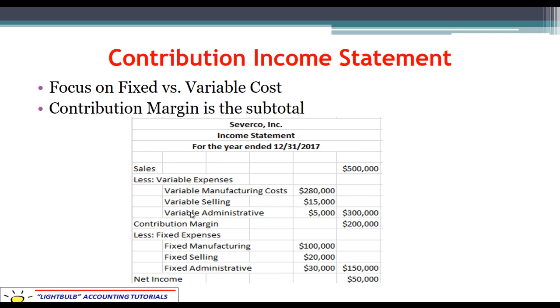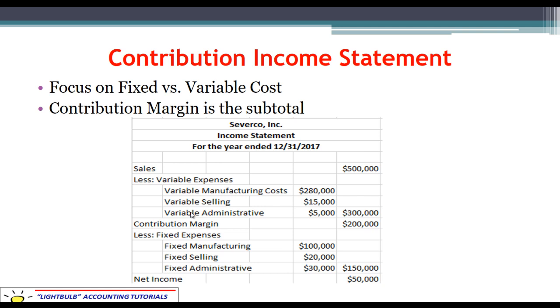That's a little unusual when comparing it to the other method, where we did not have anything selling and administrative above the line. Now we have all variable costs first, and then the difference, or the subtotal, is going to be the contribution margin.